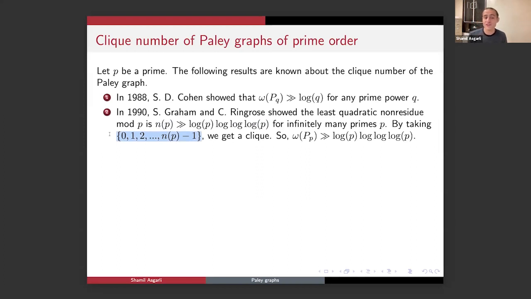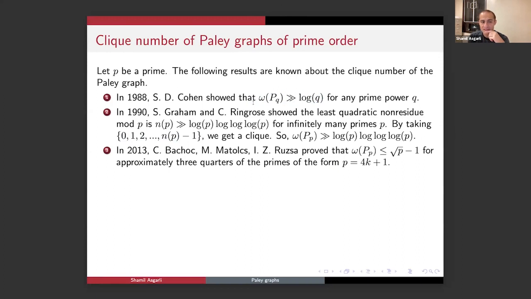And by definition of minimality, none of these elements are quadratic non-residues. That means, in fact, all of them are quadratic residues. And any difference between these is also a quadratic residue. So what that means is that we get this lower bound for infinitely many P's. So this is not, strictly speaking, for every P, but for infinitely many P's, it's true that the clique number is at least as big as log P times log log P. Which is an improvement on Cohen's result.